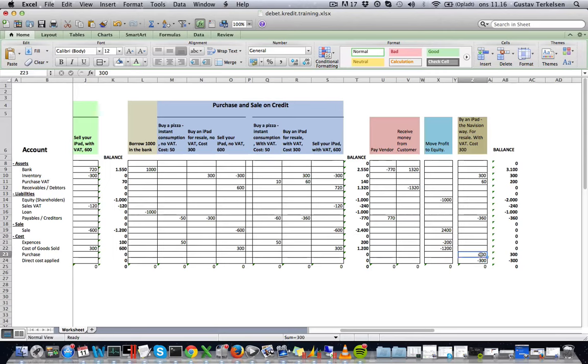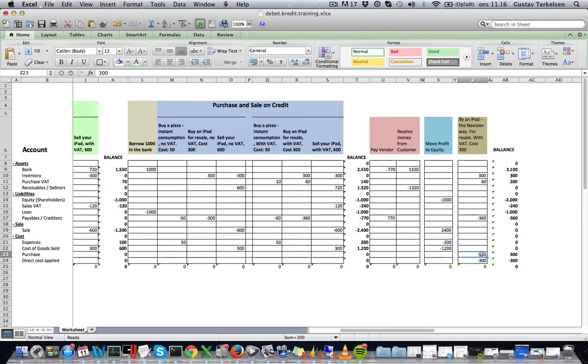And the reason that Nav does this is that you cannot always count on what you pay for an item and the value it has when you put it on the inventory being the same. If, for example, your costing method is standard cost, this will not be the same.